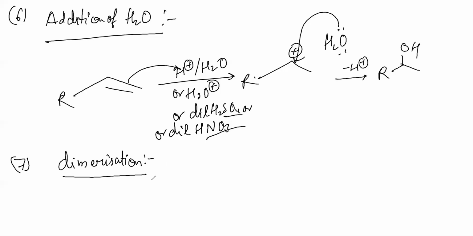Dimerization. Now let's understand how it gets dimerized. If we treat this molecule with concentrated H2SO4 and the temperature is kept around 80 degrees Celsius, now what happens? H plus.